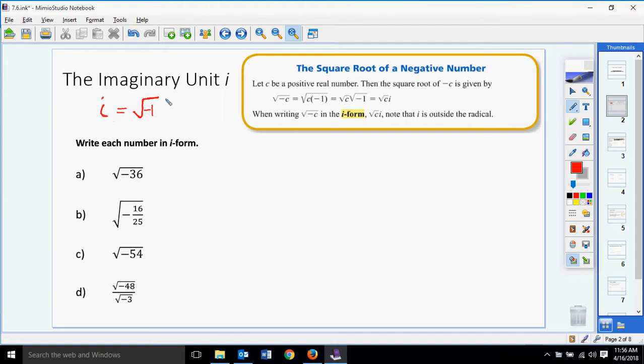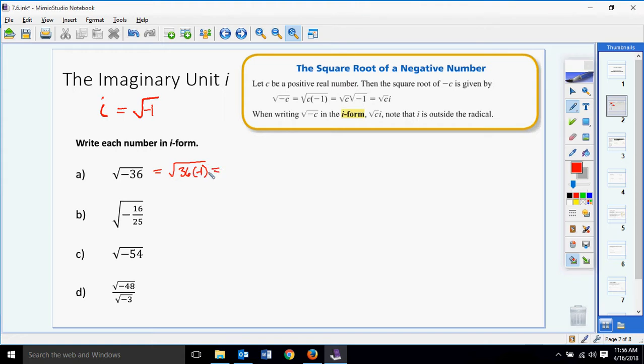call that i. So if we're trying to take the square root of a negative number, let c be any number, for instance, 36. Then we can rewrite this under the radical as the square root of 36 times -1.